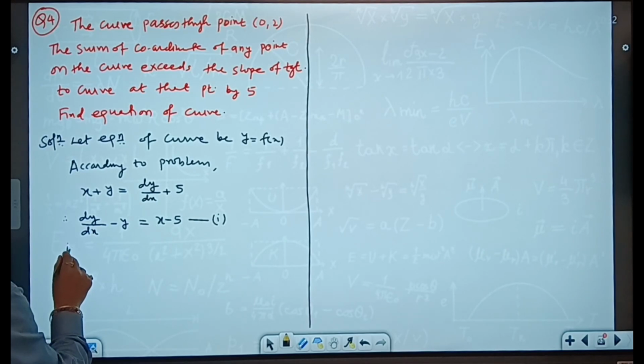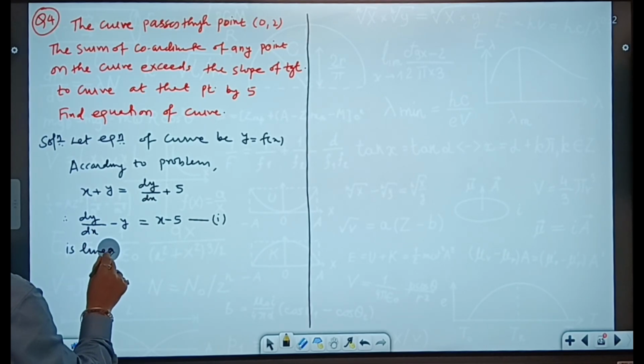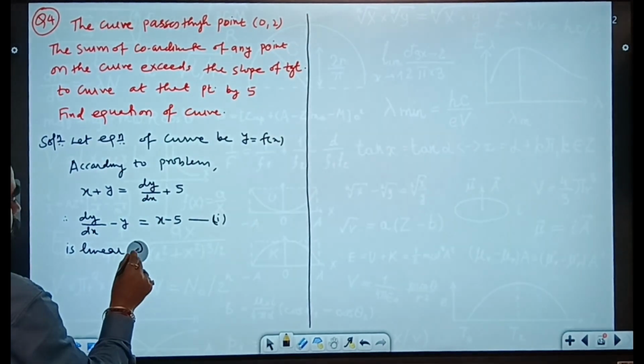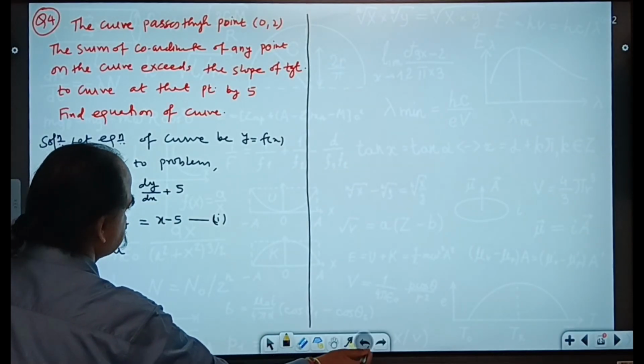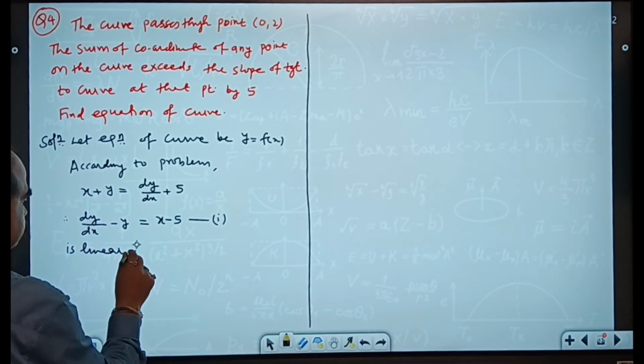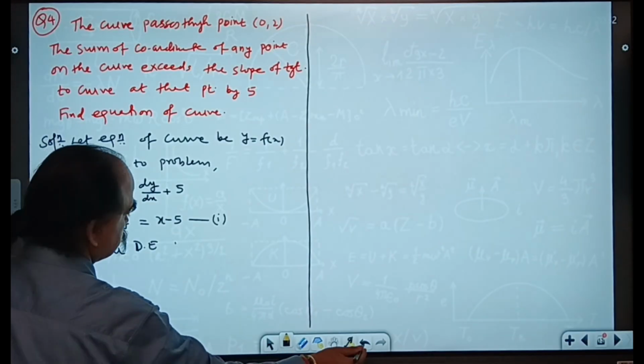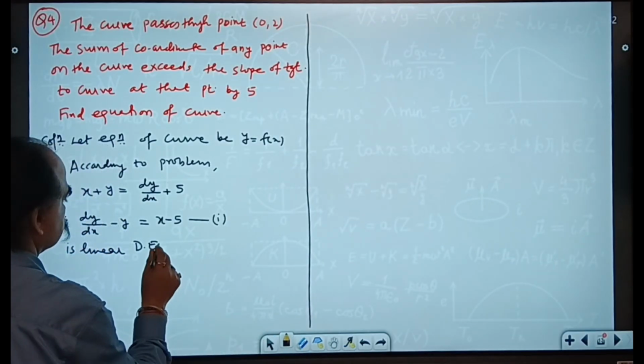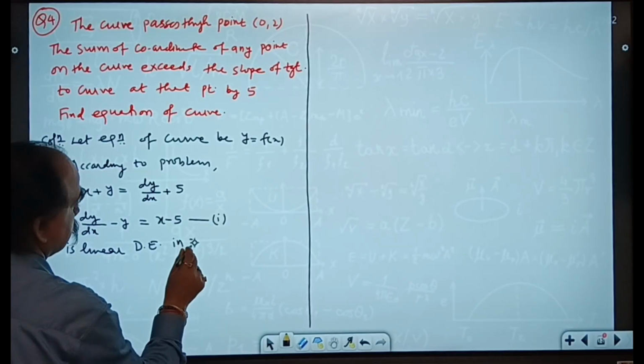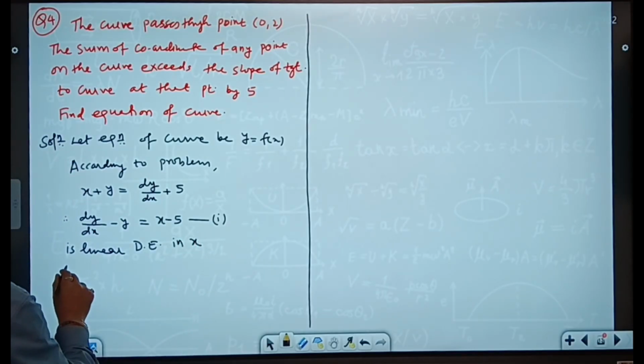This is a linear differential equation in x. Here p is what?